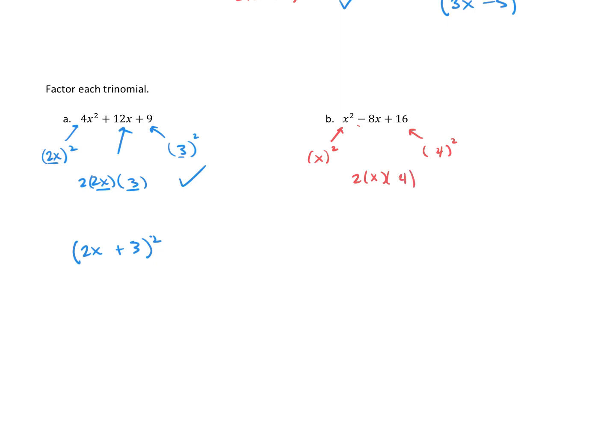And we notice it gets us a positive 8x. So we just need to make that 4 negative. Now x times negative 4 is negative 4x, times 2 is negative 8x, and a negative 4 squared still gives us positive 16. So this is a perfect square trinomial, which means factored form will be the square of a binomial, x minus 4 squared.